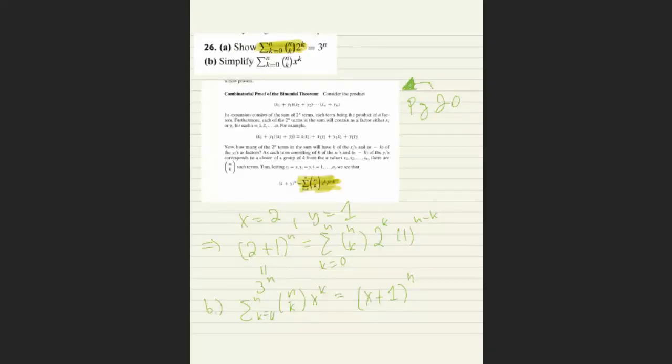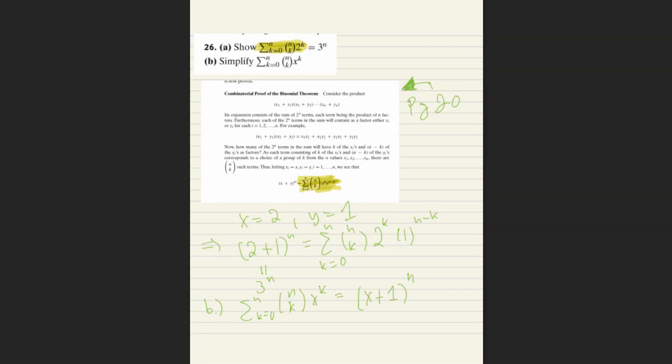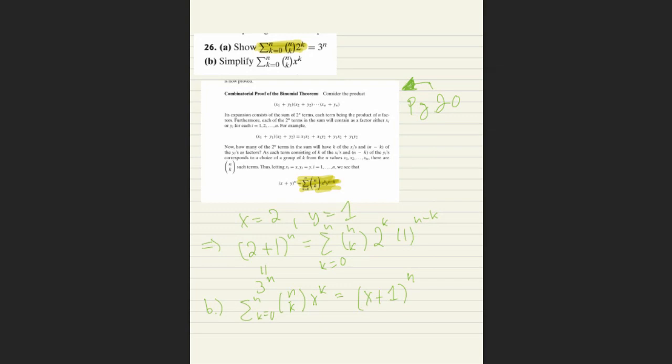Okay, all right, someone's work is up. Let me make this a little bit bigger. Yeah, go ahead, Tom, that's yours, right? Okay. So we're showing that this summation is equal to 3 to the n. It's very similar to the example on page 20, where they gave the combinatorial proof of the binomial theorem, where the highlighted parts have identical structure.